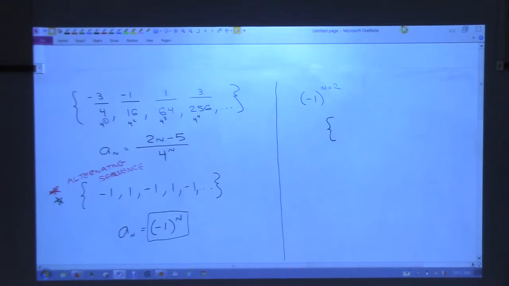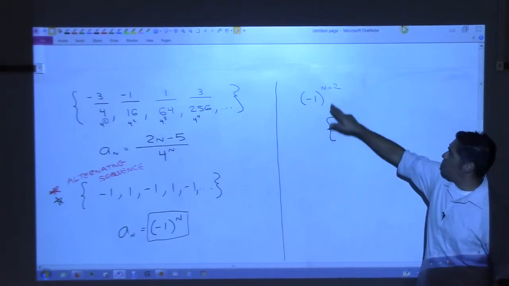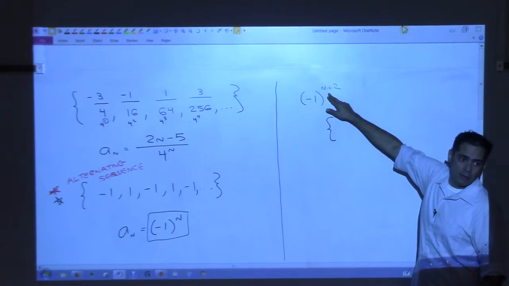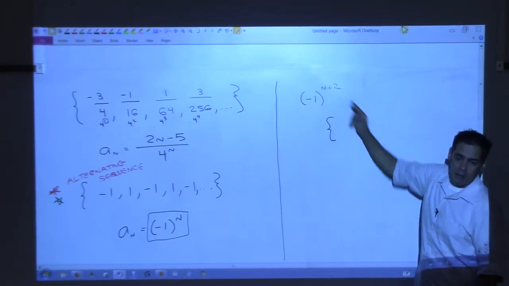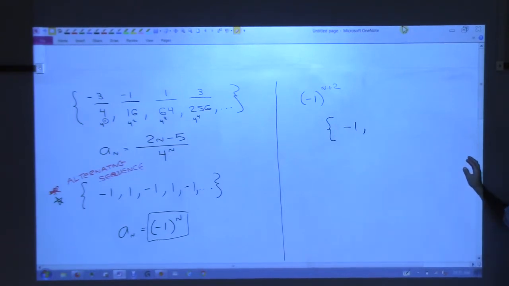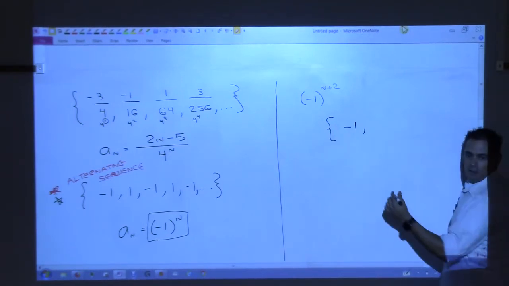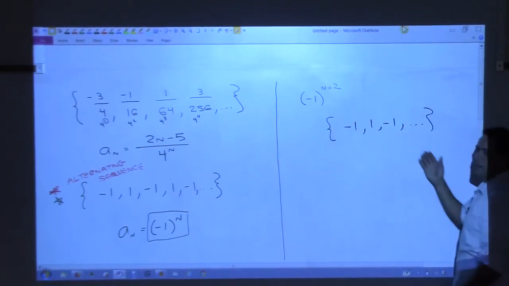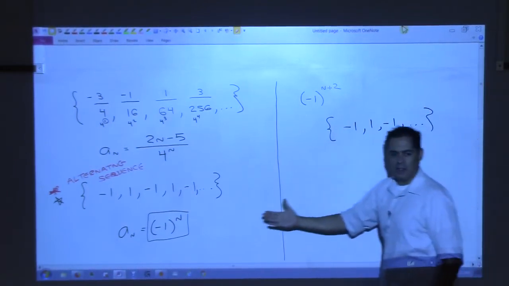Just plug in one for yourself. What would happen if you plug one in? That'd be -1 to the third, which would be -1. Okay, now plug in 2. -1 to the fourth, which would be 1. And then same thing, right? Isn't this the same as this?